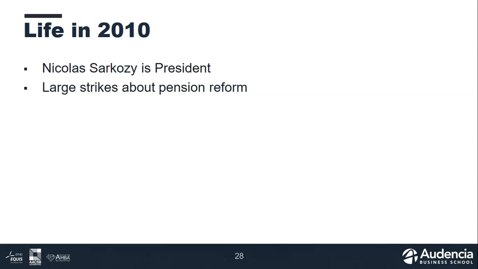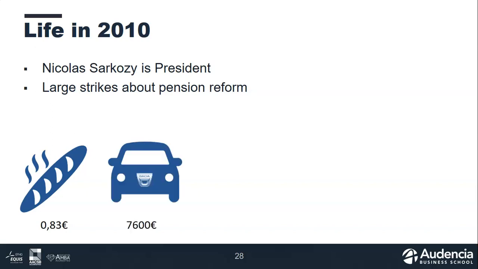Exactly 50 years later, Nicolas Sarkozy is president of France. And not surprisingly, something we have even today, large union strikes about retirement pension reform plans. So what happened to our prices? Well, the baguette is now 83 cents.